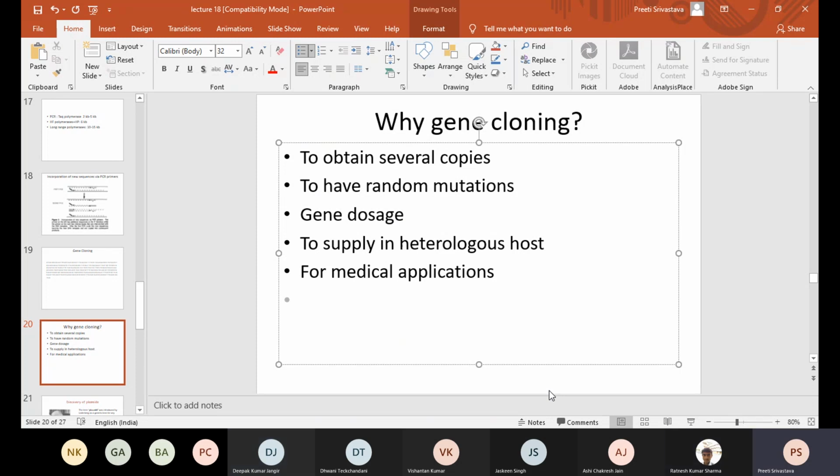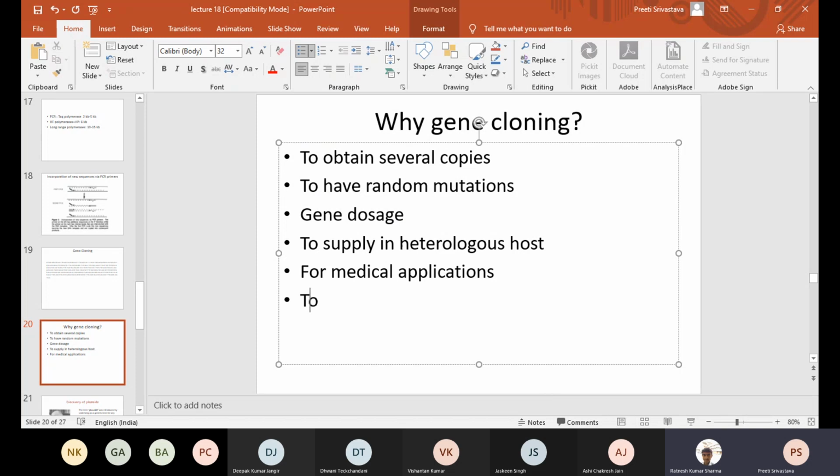Commercial purposes, yes. Ma'am, but for that purpose, we need just a few copies of the gene, and once we insert it into bacteria, we can use that bacteria to grow. We don't need to again and again produce gene cloning and insert that into bacteria.